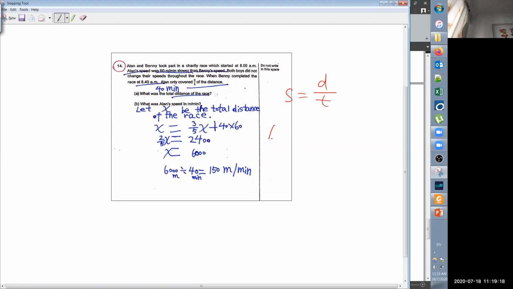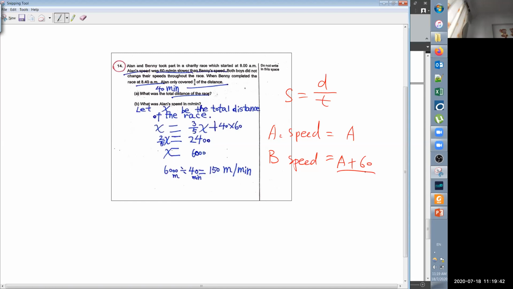So Alan's speed, and then what's that? So let's say Alan's speed is A. So slower, so Benny's speed must be A plus 60 meter per minute.